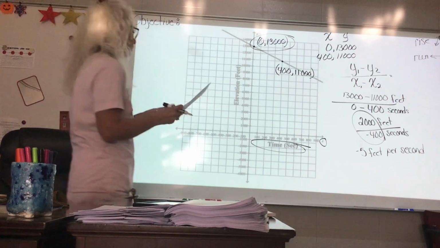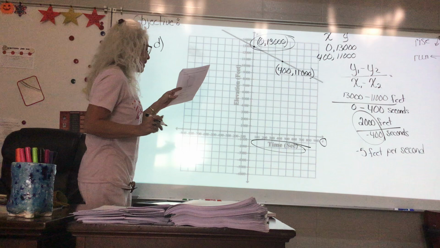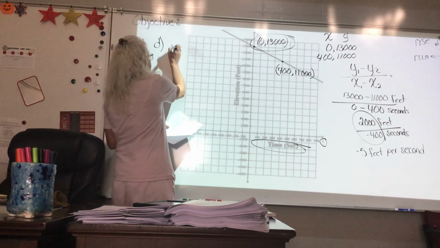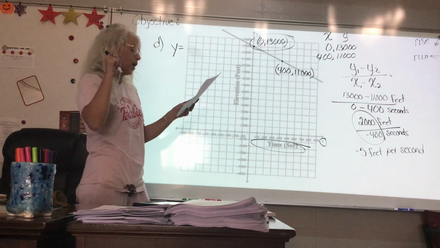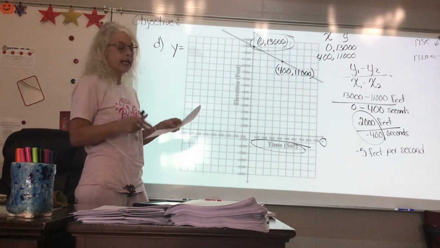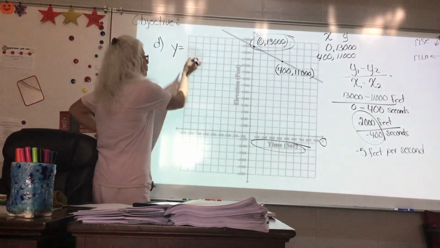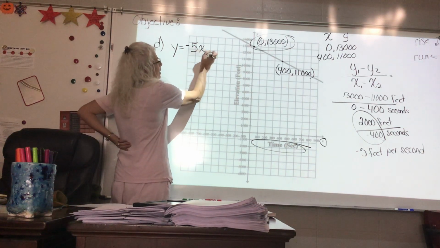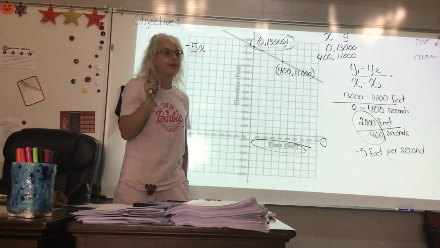Part D. Write an equation to represent Dunker's height, y, so that tells me that's what I've got to start with, above ground after any number of seconds x. So his height above ground is decreasing 5 feet every second. Now, did he start at 13,000 feet, positive or negative?